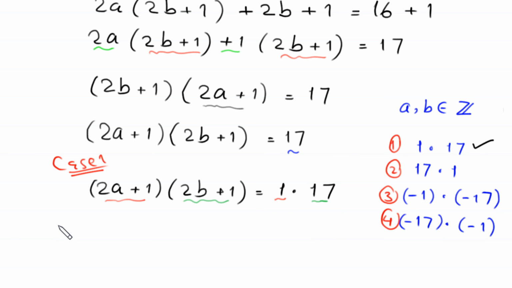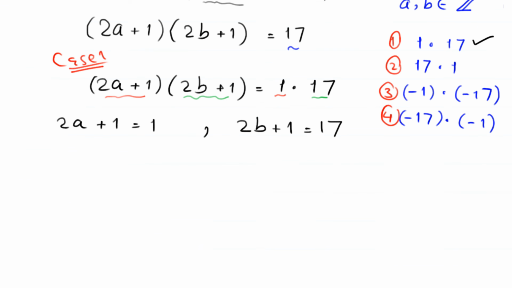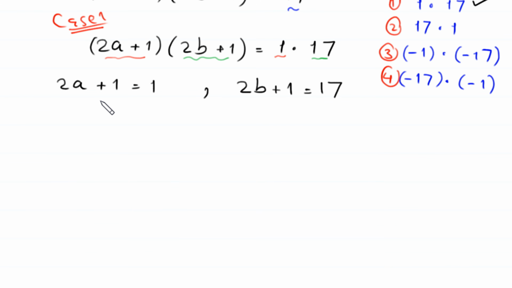So this will become 2a plus 1 is equal to 1, 2b plus 1 is equal to 17. Now we subtract 1 from both sides, so this gets cancelled, and this will become 2a is equal to 0.